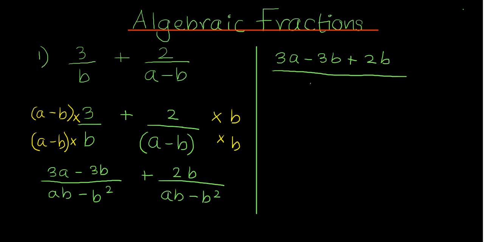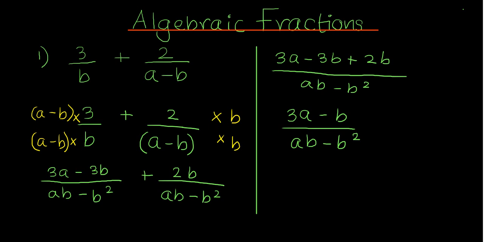So that'll be ab minus b squared, and minus 3b and 2b are like terms, so minus 3 plus 2 will give me minus 1, so I end up with 3a minus b over ab minus b squared, and that's it. This fraction has been added. It cannot be simplified any further.